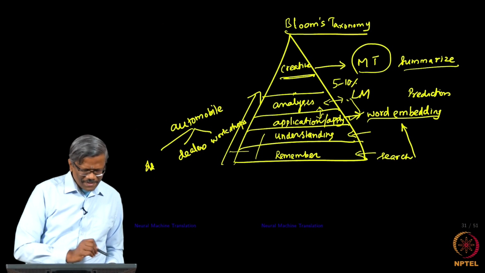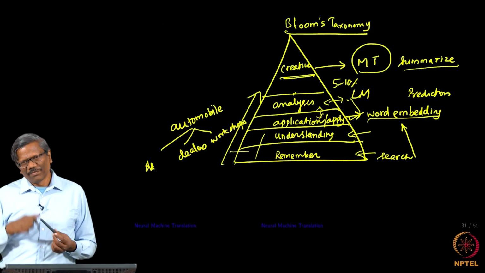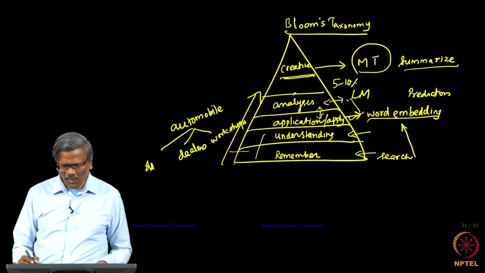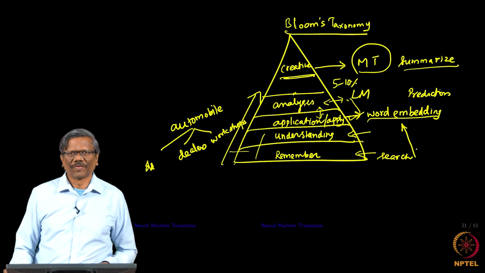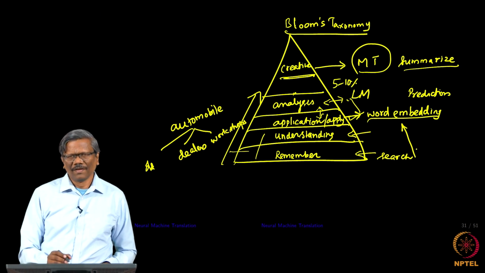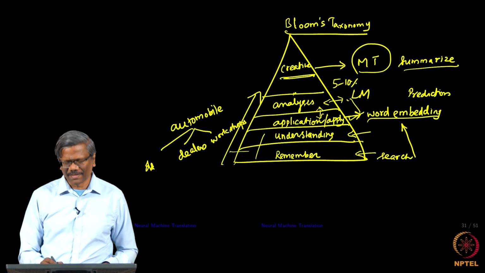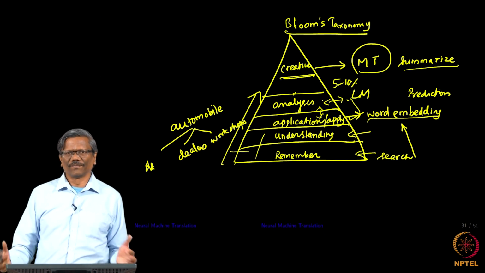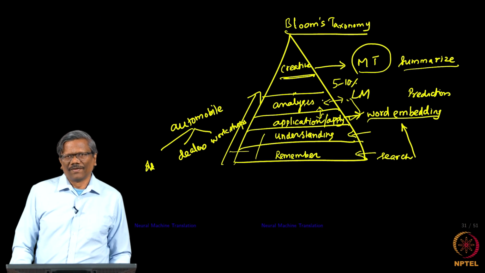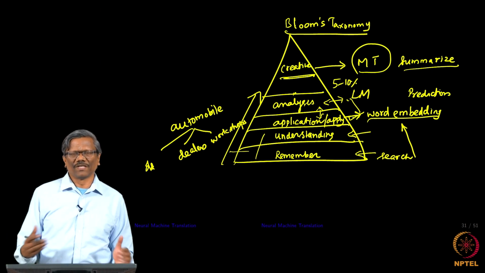And for your information, Bloom's taxonomy is used in many of the examinations where they try to provide questions based on the pyramid. You know, there will be some questions in terms of identifying your creativity. There will be some questions that will try to understand how you are analyzing certain elements based on the data that is given to you, and then how you really apply the knowledge that you have gathered.